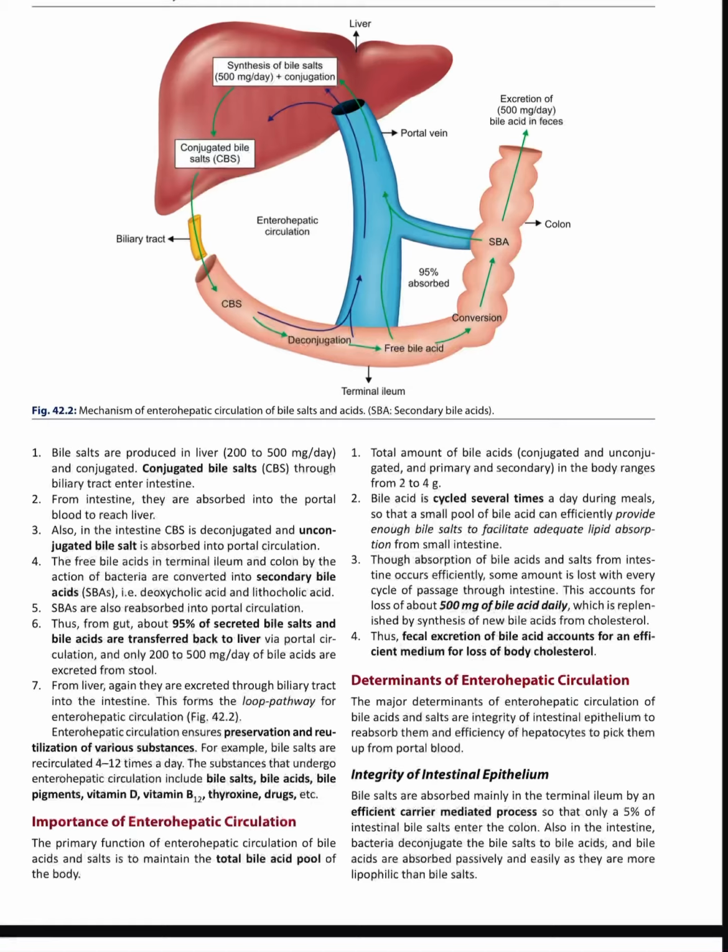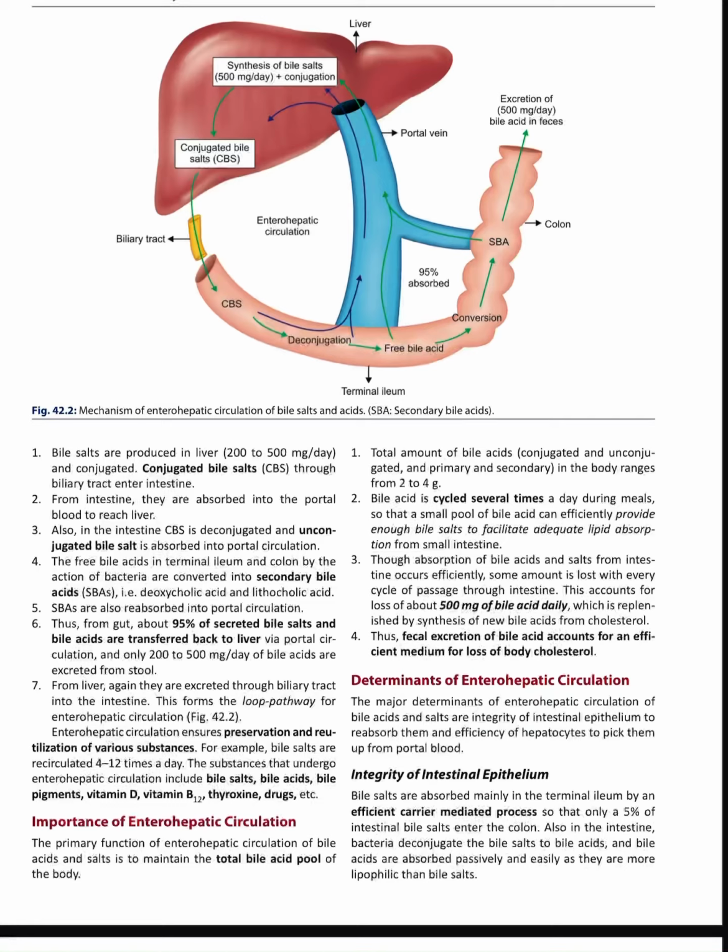Though absorption of bile acid and salt from the intestine occurs efficiently, some amount is lost within every cycle of passage through the intestine. This accounts for loss of about 500 mg of bile acid daily, which is replenished by synthesis of new bile acid from cholesterol. Thus, fecal excretion of bile acid is an efficient medium for loss of body cholesterol.